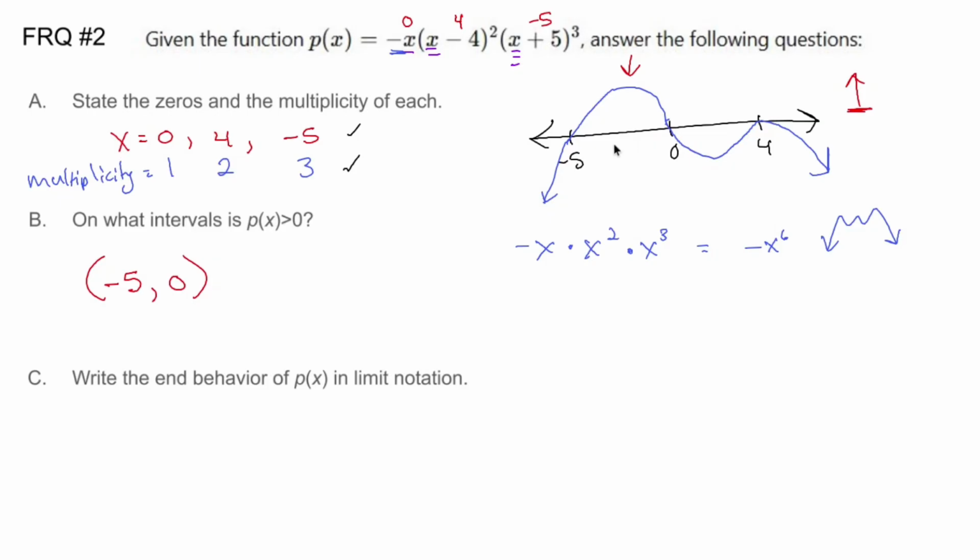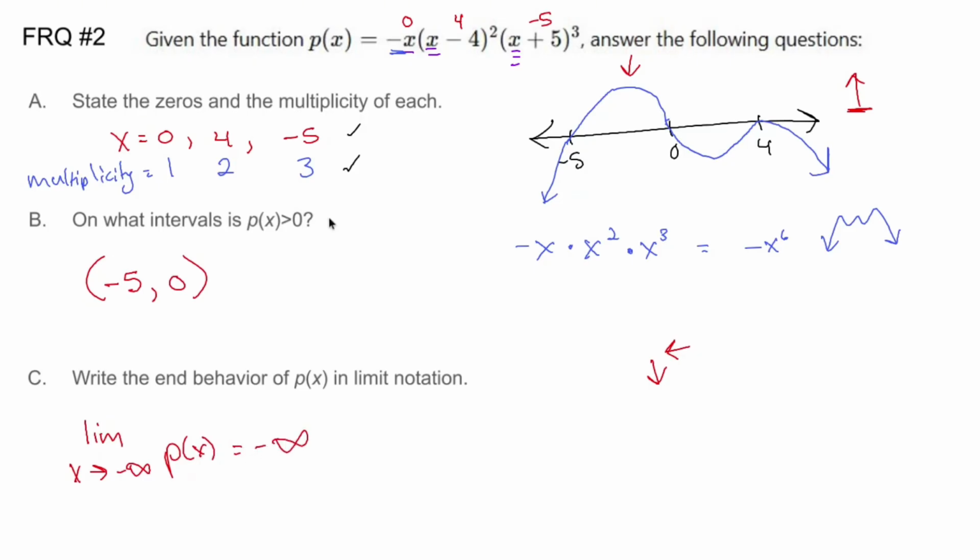Not when it's touching. Now, last but not least, we are going to be asked to write out the end behavior in limit notation. We know what the graph looks like. We know it looks like that, which means we know that as x decreases, my graph goes to negative infinity. So how do we write that out as limit notation? The limit as x approaches negative infinity of p of x is also negative infinity.